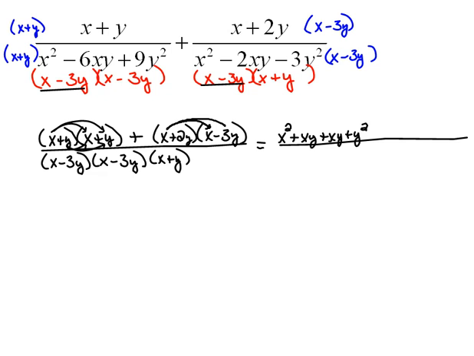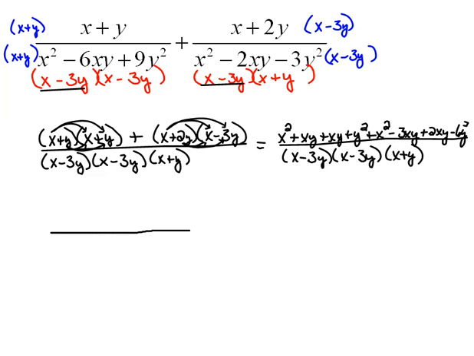So distributing our x, we'll get plus x squared minus 3xy. And then distributing out our 2y, we'll have plus 2xy and then minus 6y squared, all over that common denominator. So I'm going to write the common denominator here. A lot of writing with these problems.